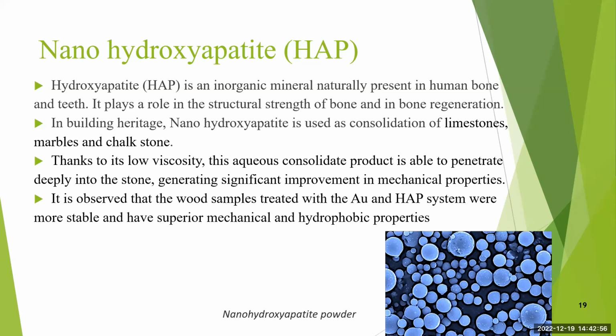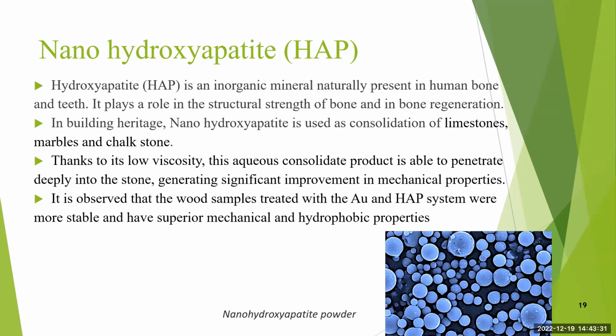So when a material has low viscosity, it means that it can easily pour and penetrate different surfaces. So in aqueous consolidants, when we combine it with water, hydroxyapatite has low viscosity, so it can penetrate easily in the cracks, and then it can improve the mechanical properties of the stone. And that is why you may hear that this is much used for strengthening stones and construction materials.